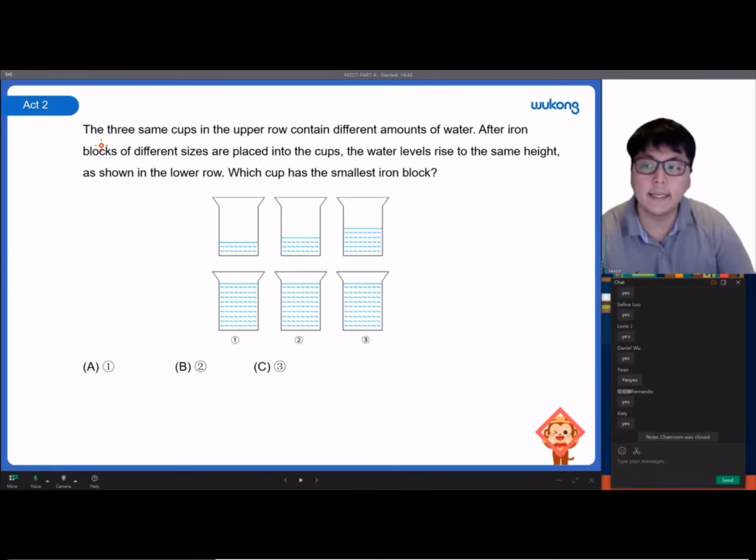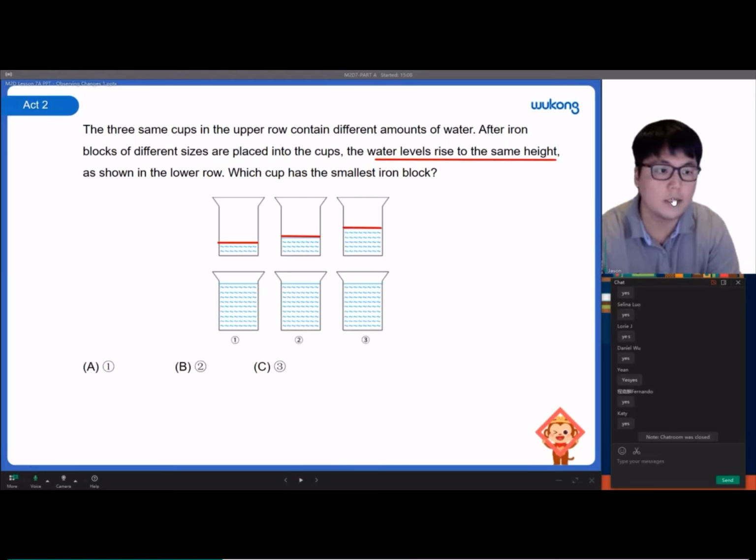So guys, again, there are 3 cups in the upper row containing different amounts of water. Even before putting any rocks inside, you can see that the water levels are all different. Now, after putting an iron block, a metal piece, inside, the water level rose to the same height.